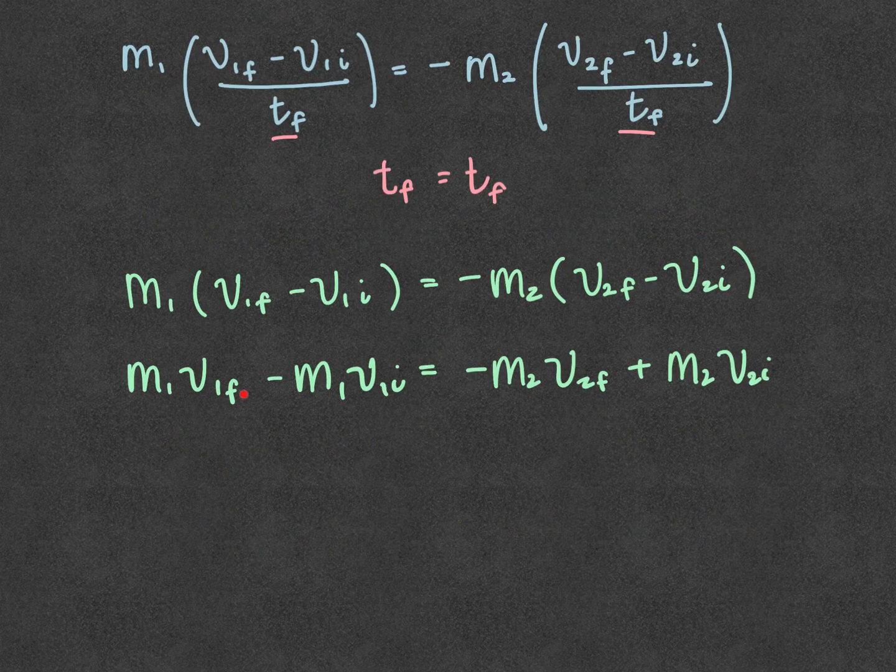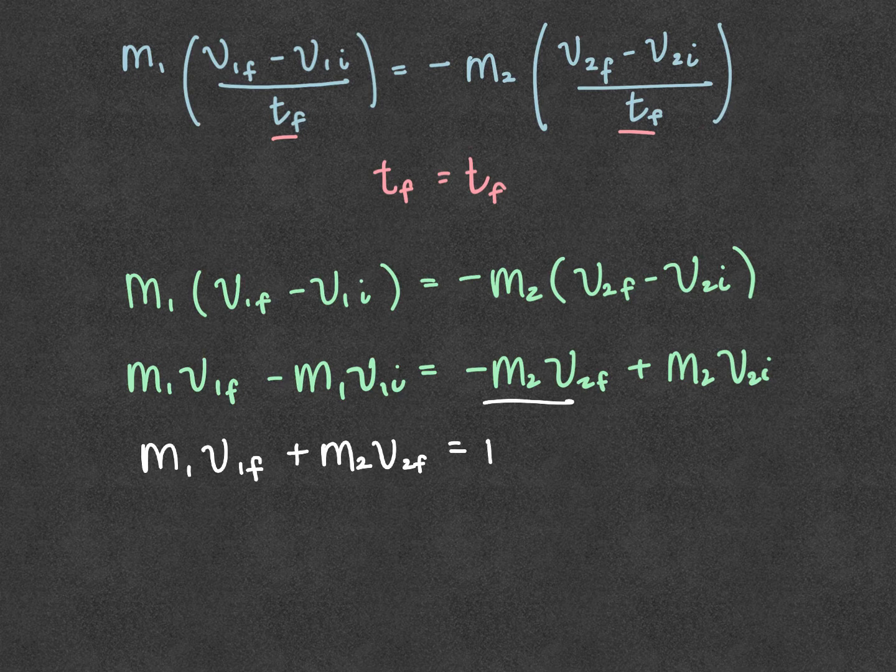And notice that I have final conditions on both sides and initial conditions on both sides. So let's rearrange this so that we have our final conditions on one side and our initial conditions on the other side. So I'm going to leave the final conditions on the left side, so that will be m1 v1 final, and then I'm going to add this over, and so plus m2 v2 final.